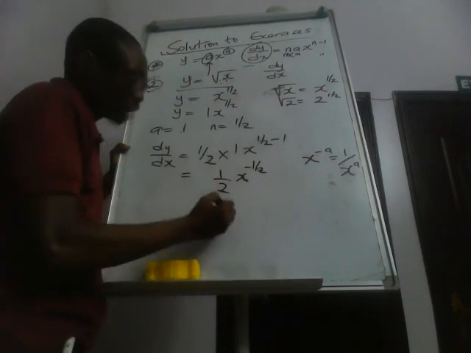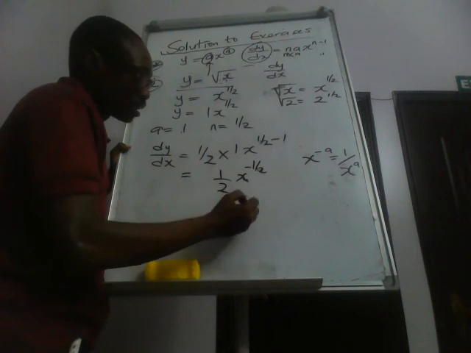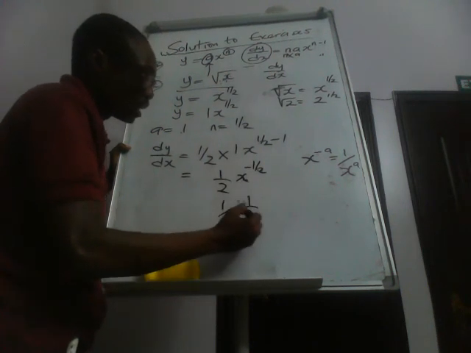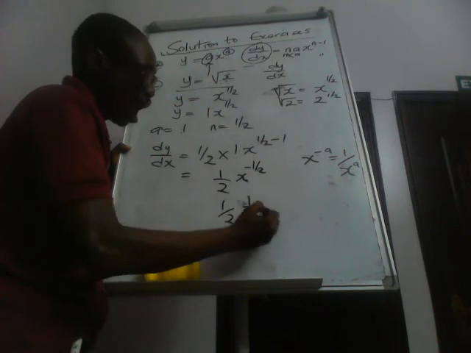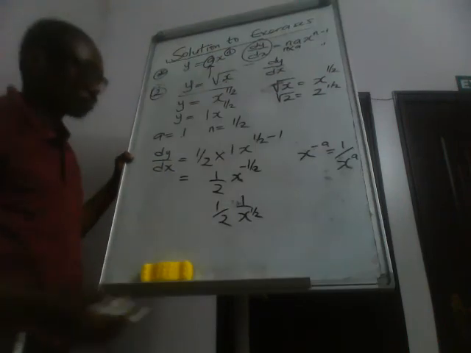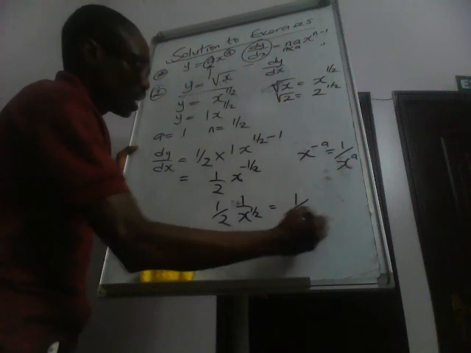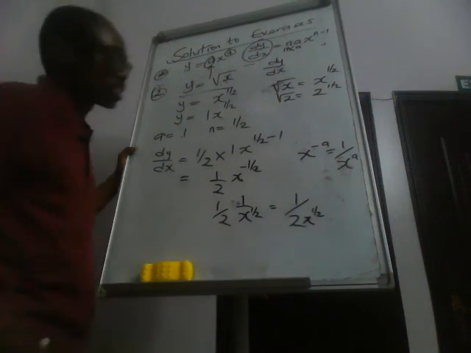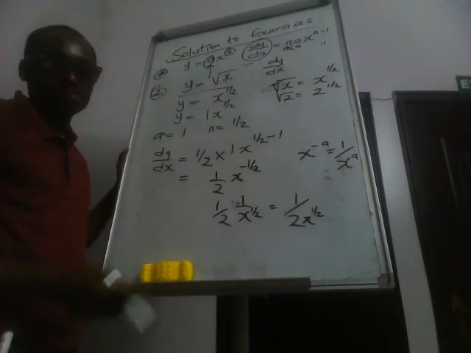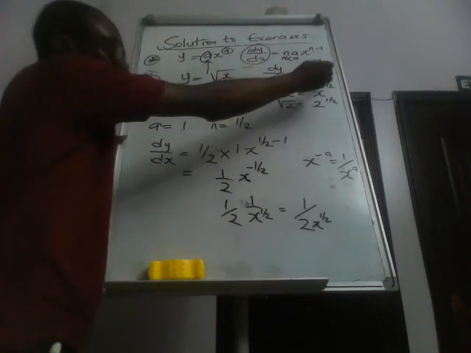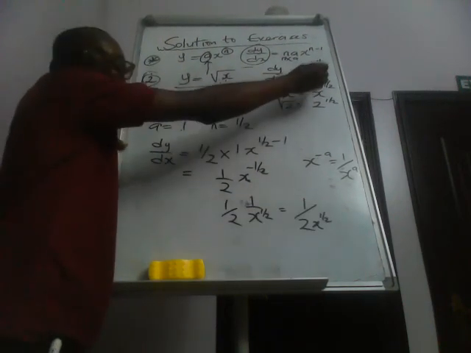So this can actually be written as 1 over x raised to power half. Okay, so this is the same thing as 1 over 2 x raised to power half. And at the end of the day, we already said that root x is x raised to power half.